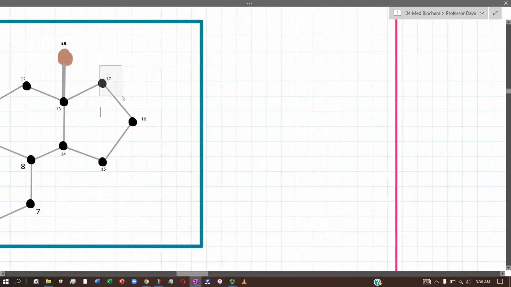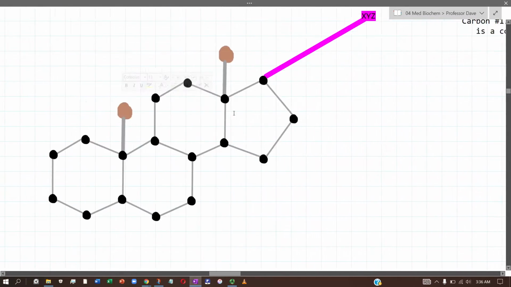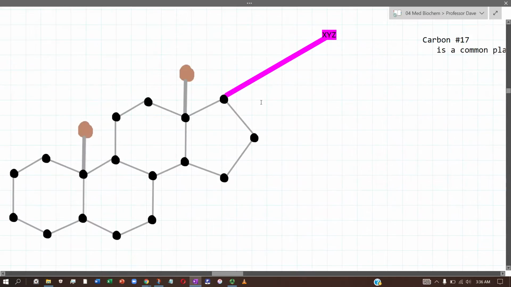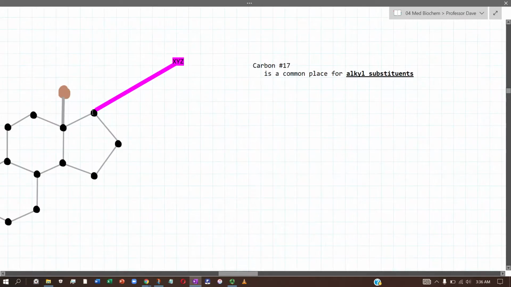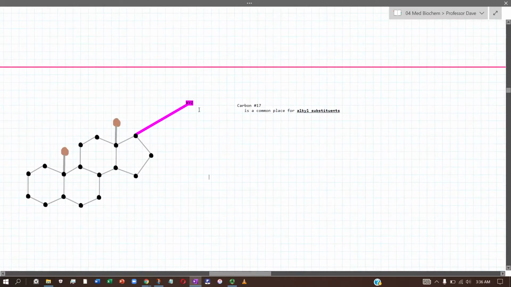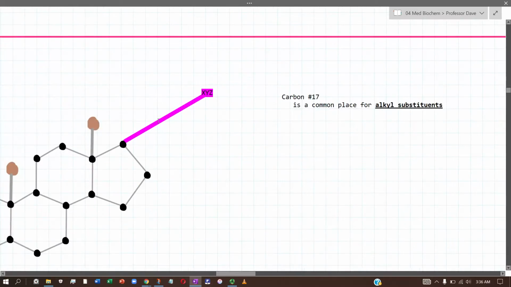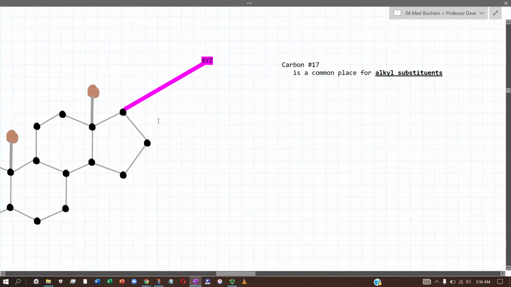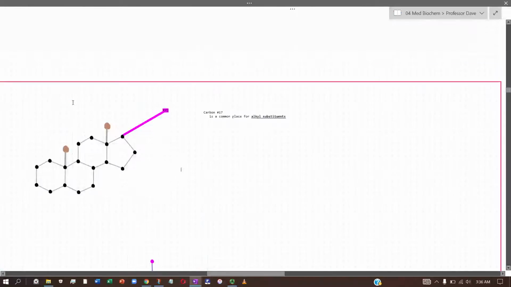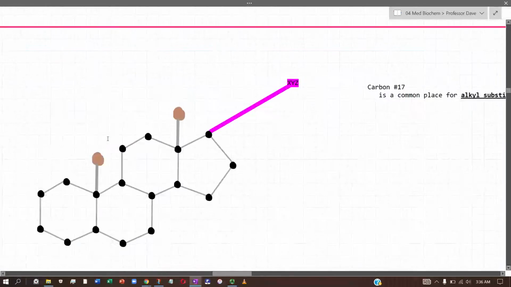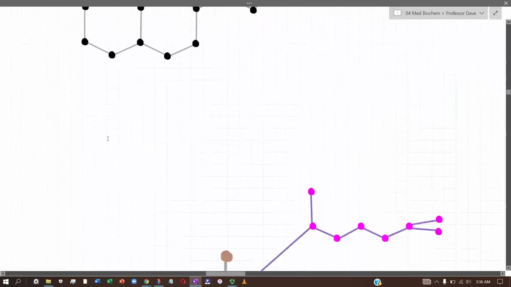So 17 is special because carbon 17 is a common place for alkyl substituents. Lots of things are going to get attached at carbon 17. XYZ just stands for fill in the blank. Whatever type of hormone you're trying to build, this is where a lot of the action is going to take place.